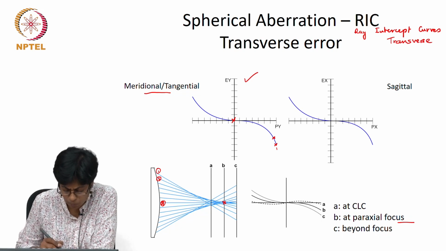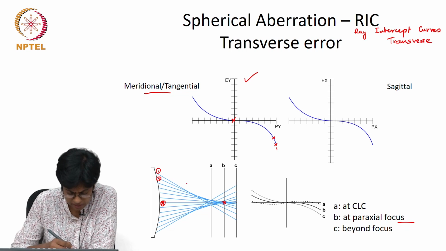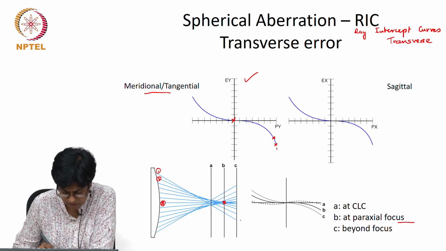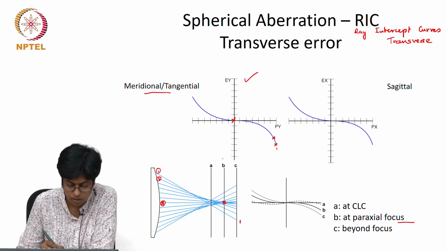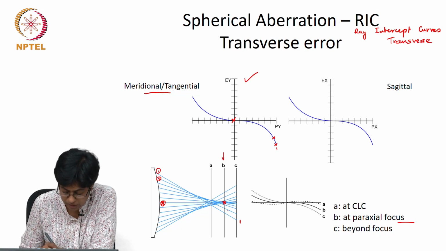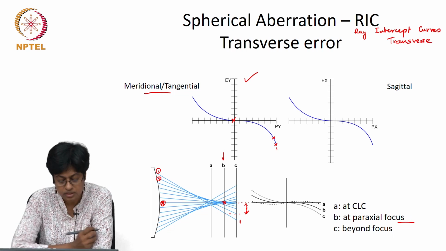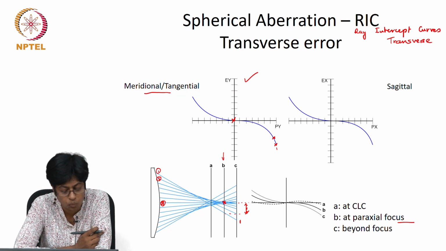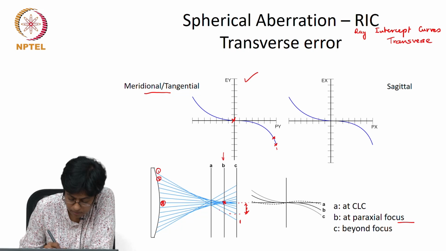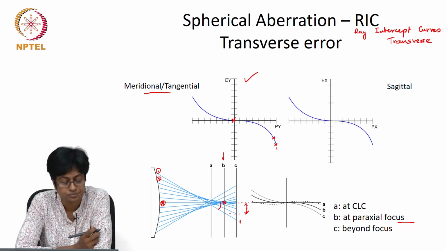So ray number 1 has a transverse error. Ray number 1 is this ray, but the paraxial focal plane is this. So its transverse error then is this. This is the transverse error of ray number 1 and its angle is this.